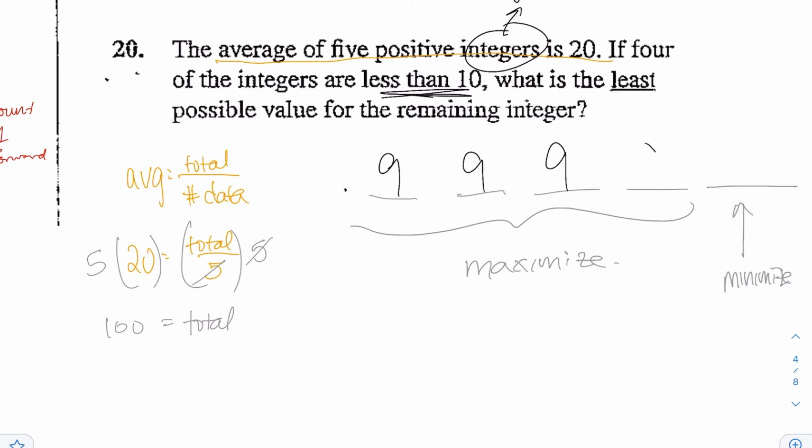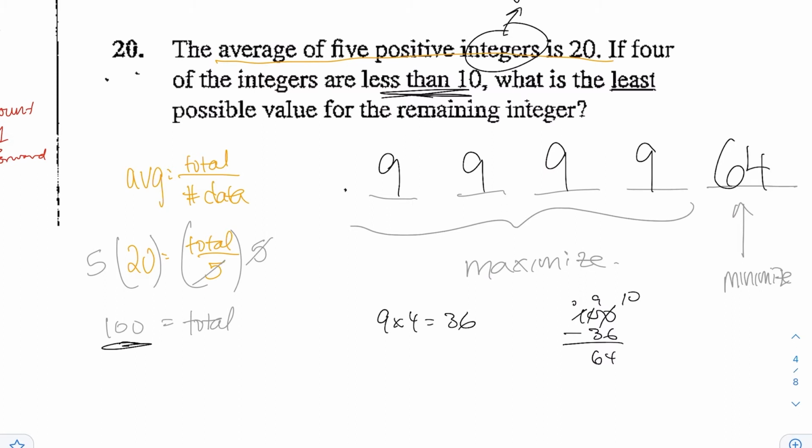So all of those will have to be 9. And 9 times 4 is 36. And then the total has to be 100. So 100 minus 36 is going to be 64. So that means that the smallest possible value for the last number has to be 64.